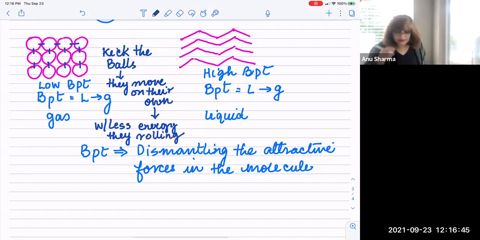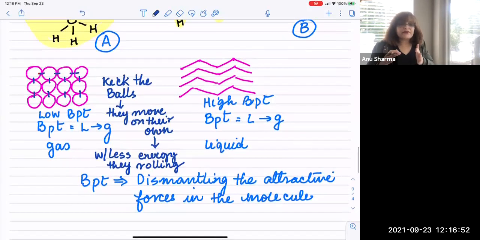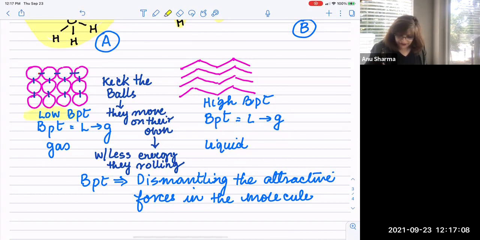Okay, so this is what it means. In a liquid state, they are arranged in that ball structure, but you provide a little bit of heat, and they begin to dismantle and become like gas. And gas particles are spread out more. Liquid particles are close. Gas is spread out more. So that's why the boiling point is low.